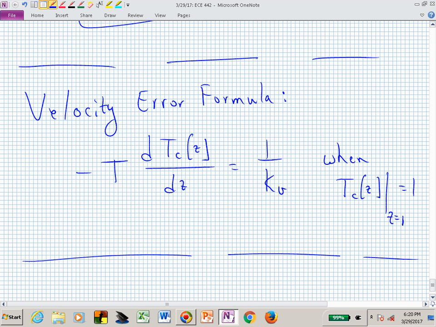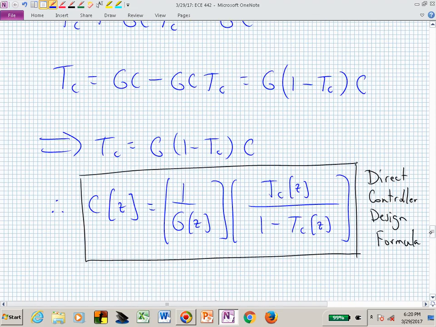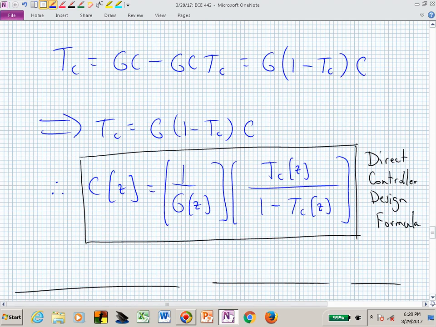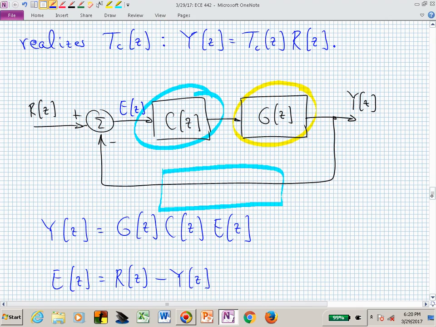Yes? So now the question was, the Ragazzini approach that we have worked through, is this controller design formula assuming that we have unity output feedback? But you could rederive this with a non-unity gain or transfer function in this feedback path.